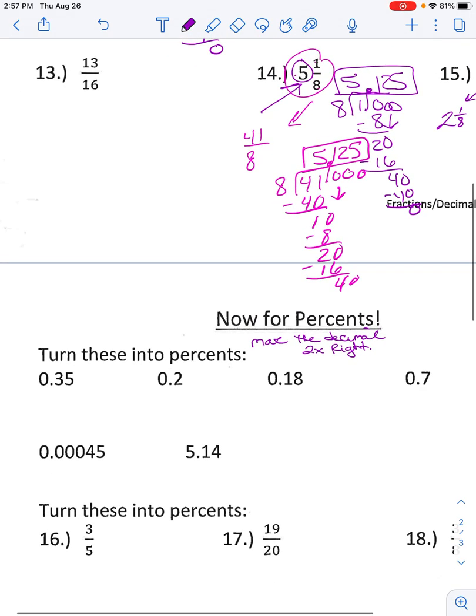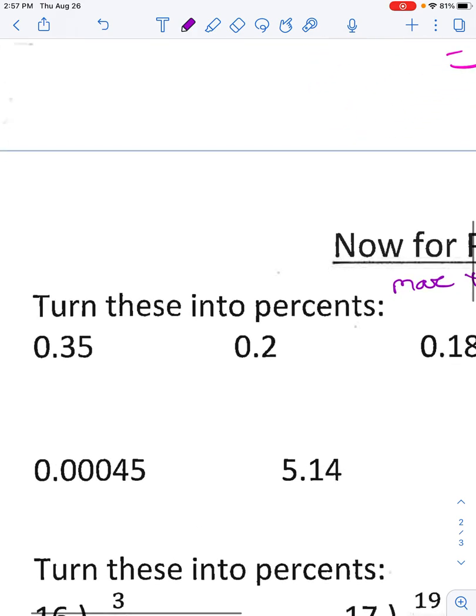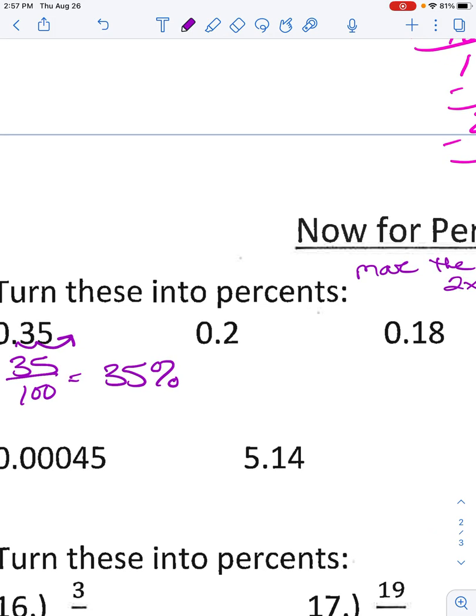So 35 hundredths is what this says, 35 hundredths, which is 35%. So if you look at the decimal, it moved twice to the right.